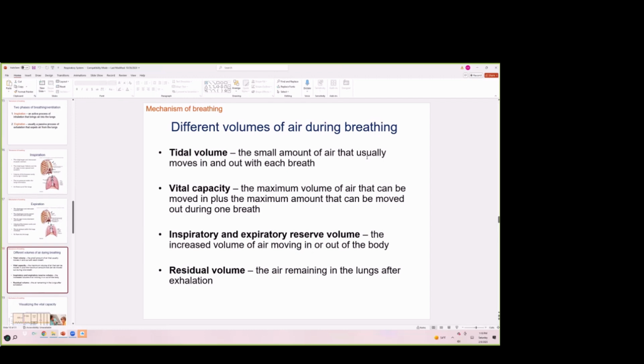They talk about the tidal volume, which is a small amount of air that usually moves in and out each time we breathe. Normally we always have air in our lungs, or else our lungs would collapse. With the existing air in our lungs, called the residual volume, the extra air that comes in when we breathe and goes out is called the tidal volume.